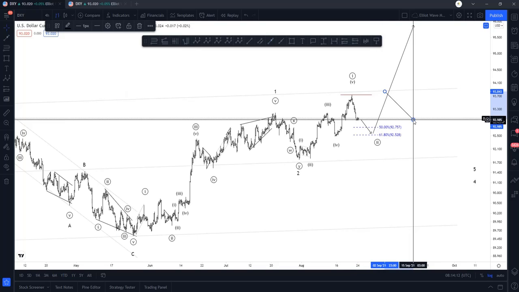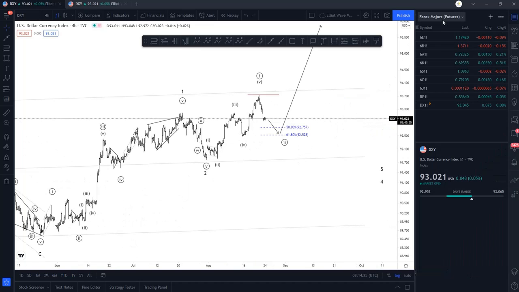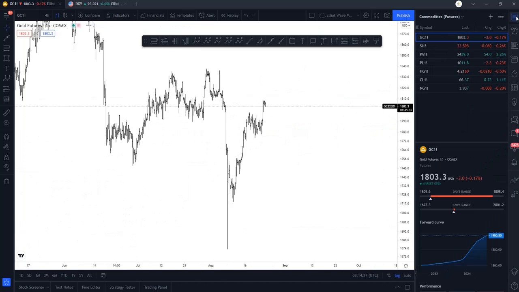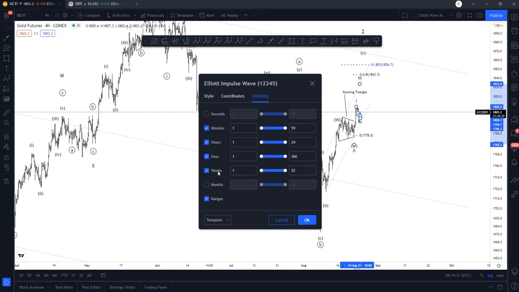So, as I mentioned before, we can also use gold and the 10-year yield to indicate to us the bullish potential or the bearish potential of the dollar. Now, a quick glance at gold will give you an indication of what gold is doing right now. So far, gold is in an impulsive sequence on the daily time frame.